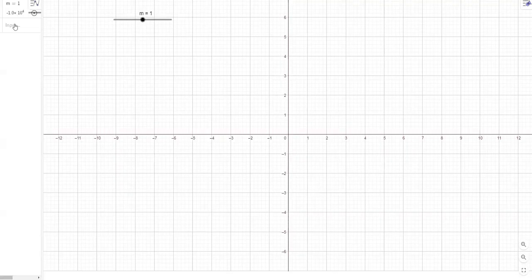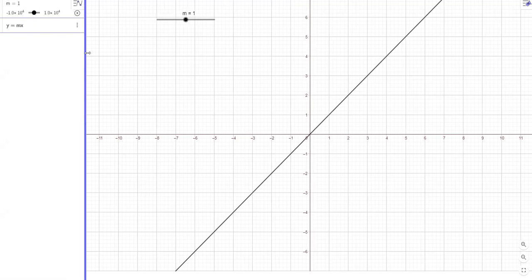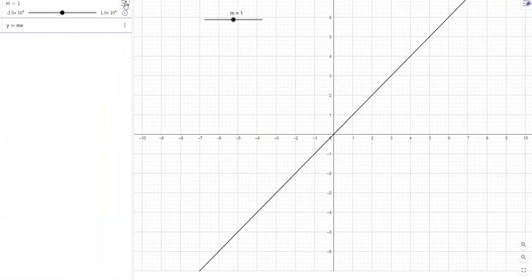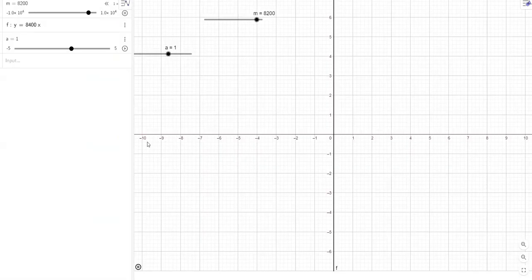Now I plot y equals mx. So this is the line. This is the slider, it is sliding these values.